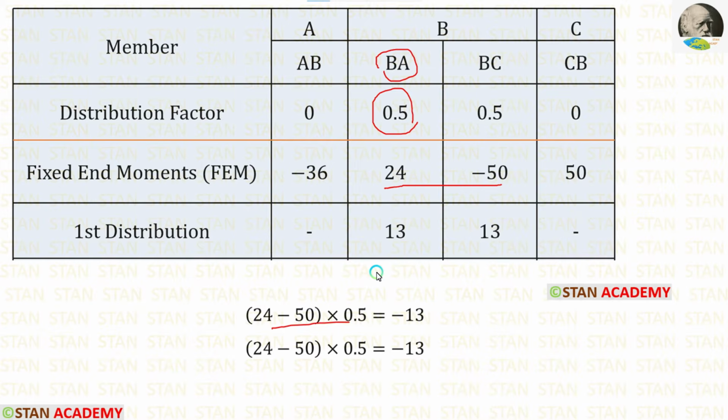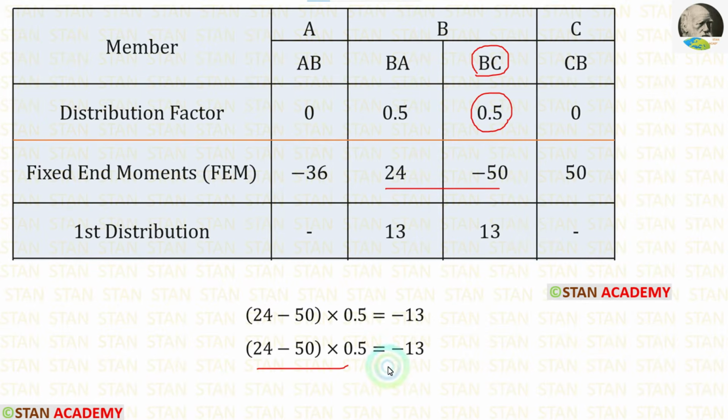Here, we have to be very careful. If we get a negative value, we have to enter as positive, and if we get a positive value, we have to enter inside the table as negative. Right now we are getting negative value, so we are entering inside the table as positive. Now let us do the distribution for BC. For that, we have to add these two values and then multiply with the distribution factor at BC.